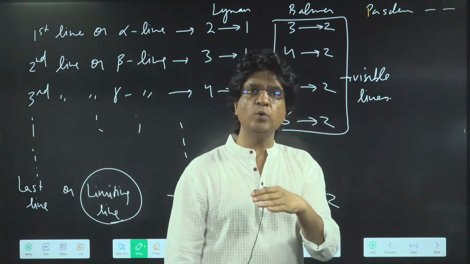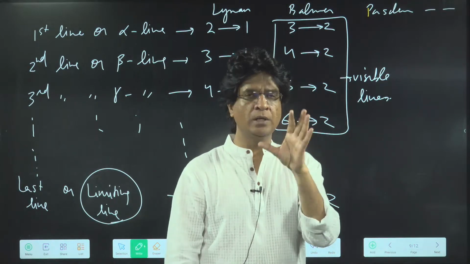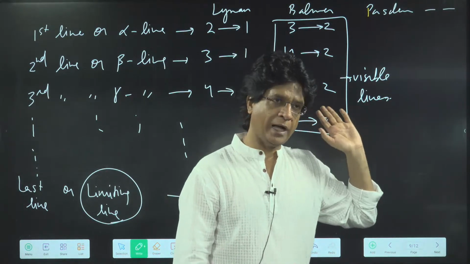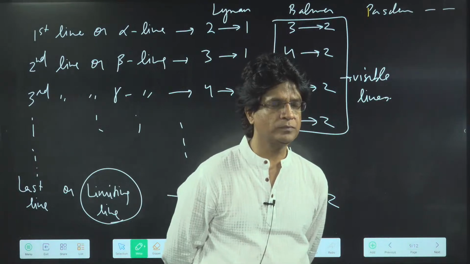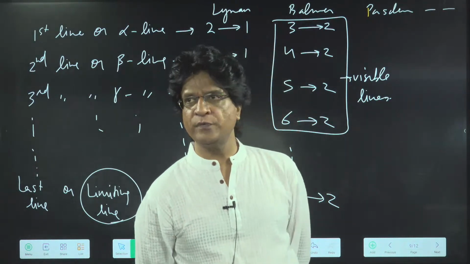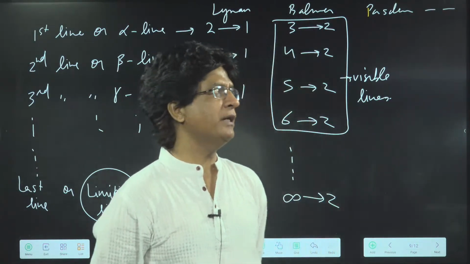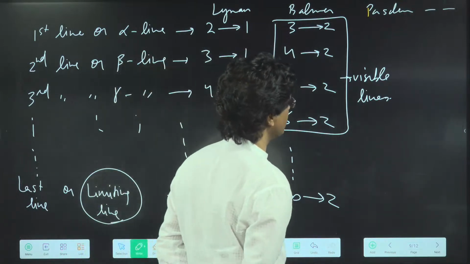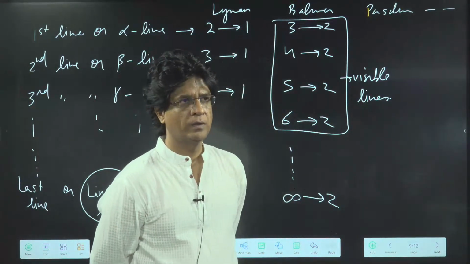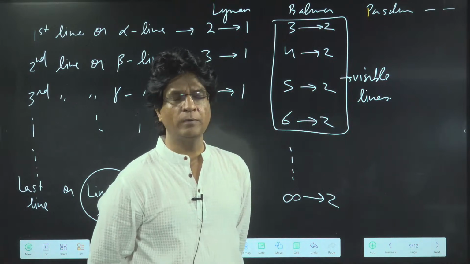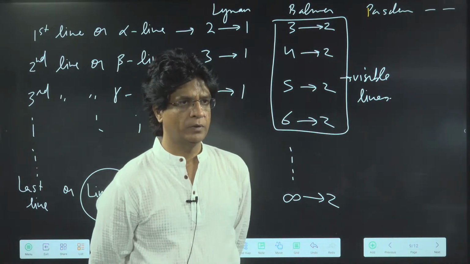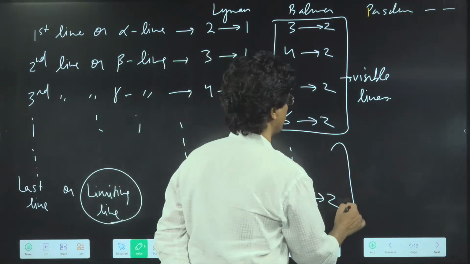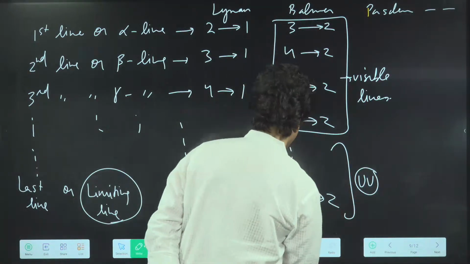If I change it to helium plus or lithium 2 plus, the answer will change. The first four lines, alpha, beta, gamma, delta, are the visible lines. The remaining are invisible. They all belong to the UV region. Yes or no?